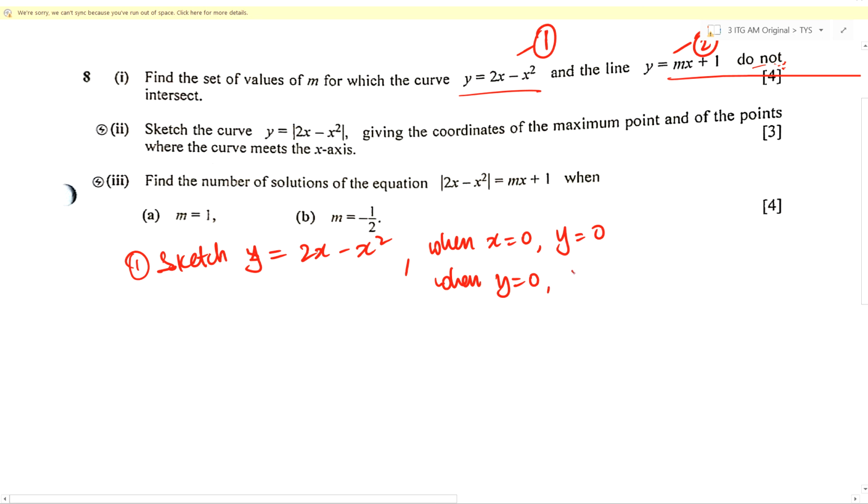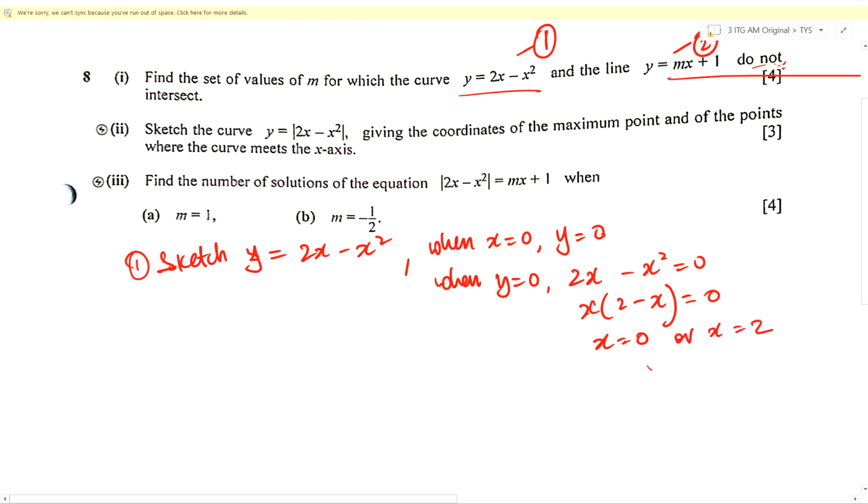You end up with 2x minus x squared equals 0. So you factorize: x times (2 minus x) equals 0. x will be 0, no surprise, because that is our y-intercept, or x equals 2.